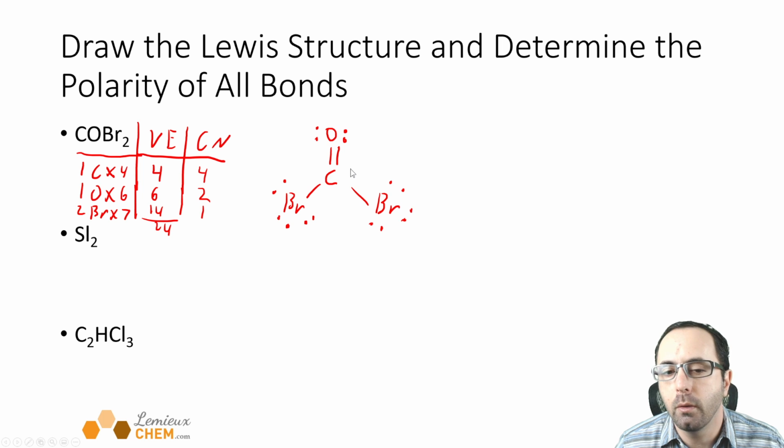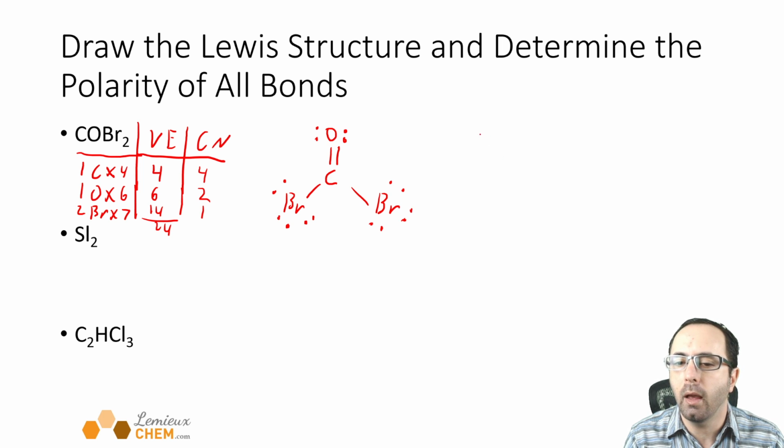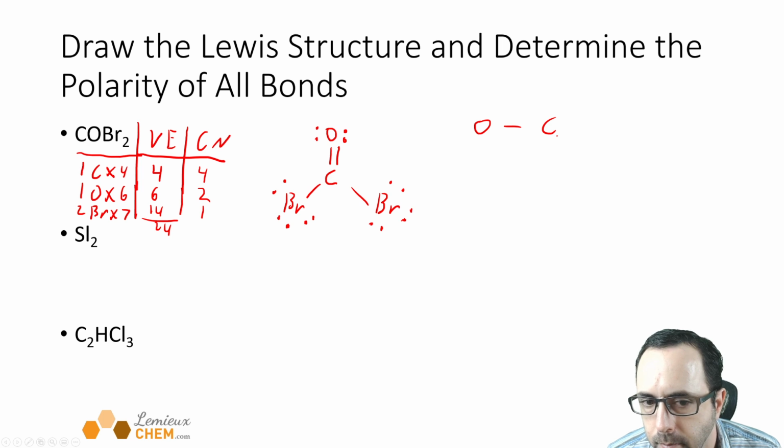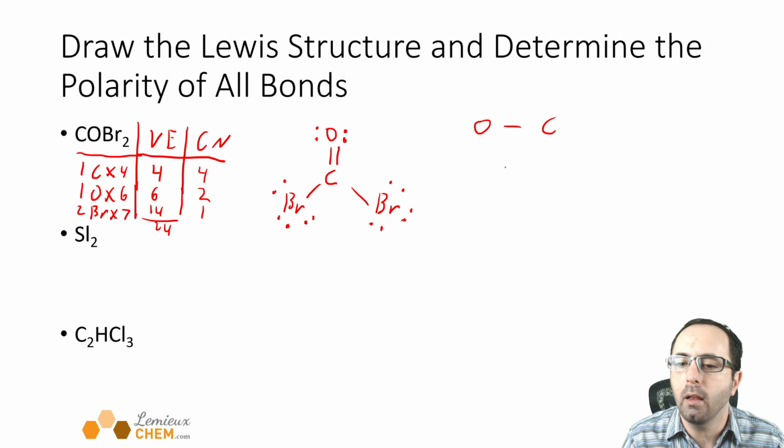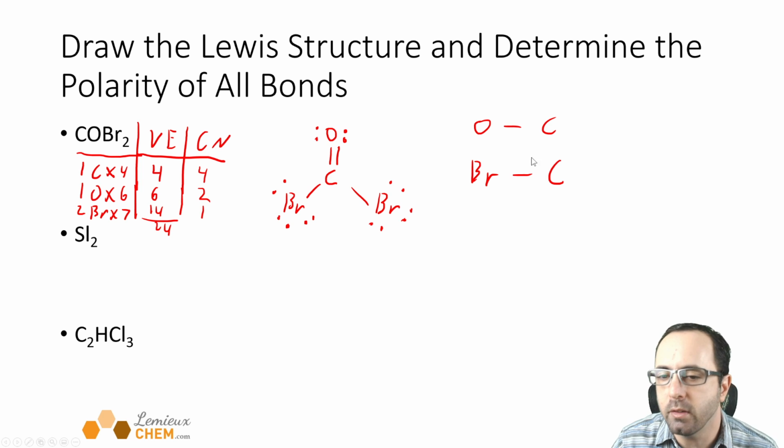But what we were asked to do is determine what bonds are in there and what the polarity of the bonds is. So this molecule has a carbon-oxygen bond in it, and it has 2 bromine-carbon bonds in it. So there are 2 types of bonds here. It doesn't matter if they're single or double bonds.